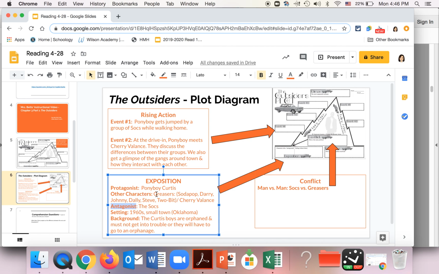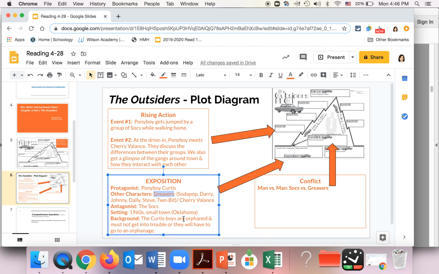Our other characters, so in our Greasers, we have Soda Pop and Darry. They are Ponyboy's brothers. We have Johnny, Dally, Steve, and Two-Bit. And then in Chapter 2, we met Cherry Valance, who is a part of the Socs. However, she is now a friend of Ponyboy's. Again, she's not necessarily part of the antagonist part of that.